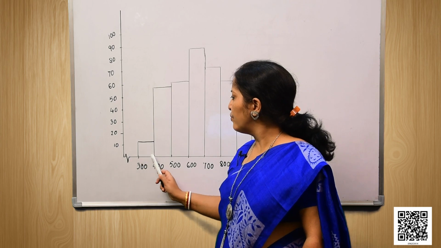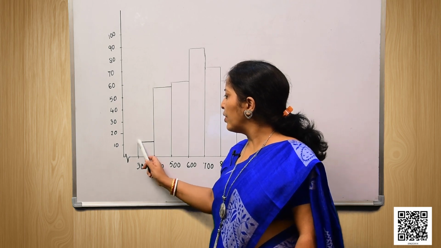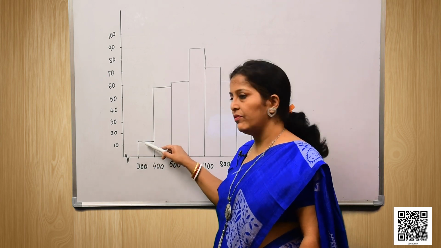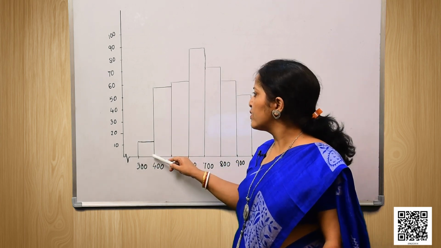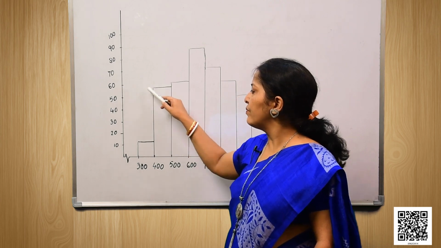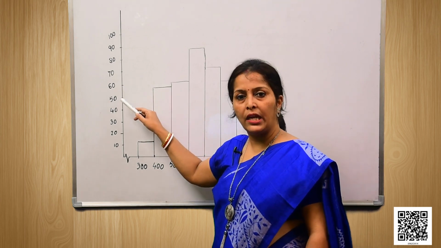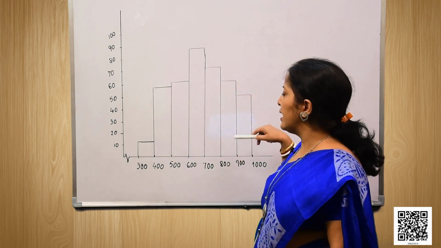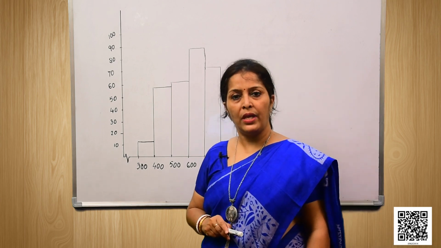So from 300 to 400 our frequency was 14. So we draw it up to the length of 14 along the vertical line. Then in the next one we had 56, so we draw along the 56 on the vertical line, we make the bar and so on. So this is our histogram for part A.